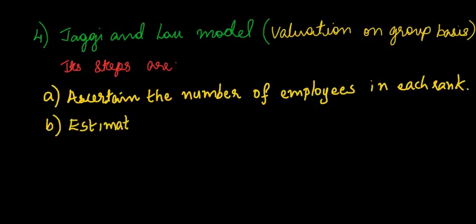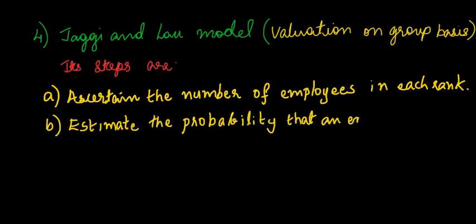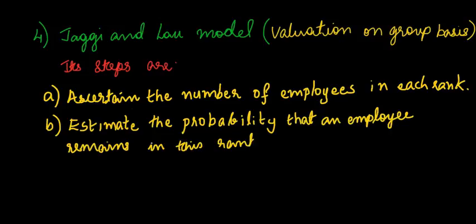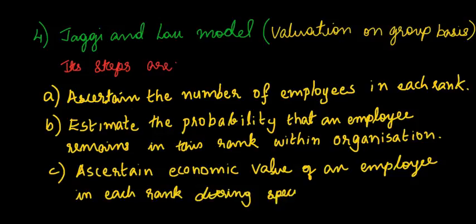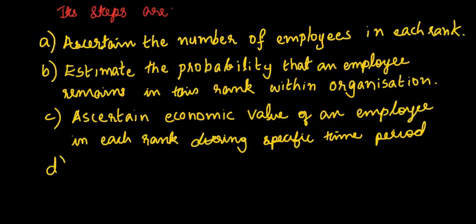Estimate the probability that an employee will remain in his rank within the organization, or be terminated or promoted in the next period. This probability will be estimated for a specified time period. 3. Ascertain the economic value of an employee in a specified rank during each time period. 4.